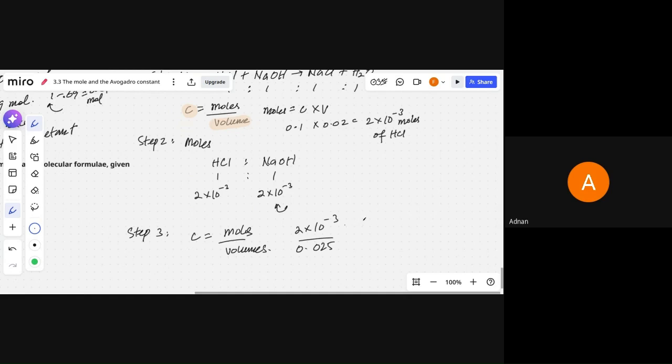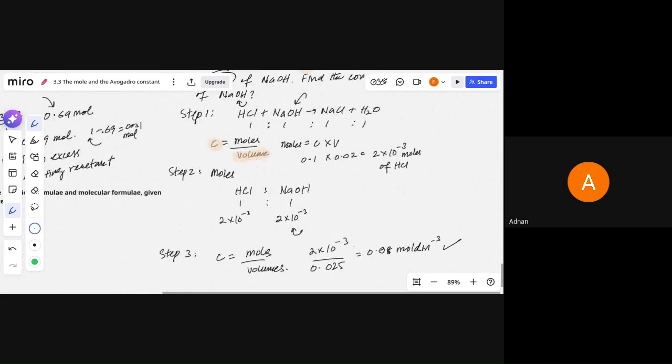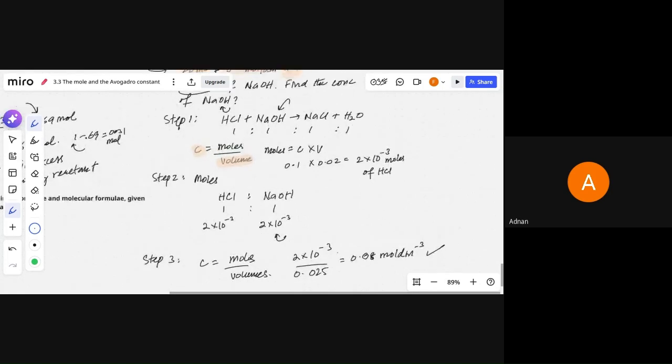So 2 times 10 to the negative 3 divided by 0.025 is going to give us 0.08, and this is the concentration, and the unit will be mole per dm cubed, right? So in these 3 simple steps, you can calculate concentration.